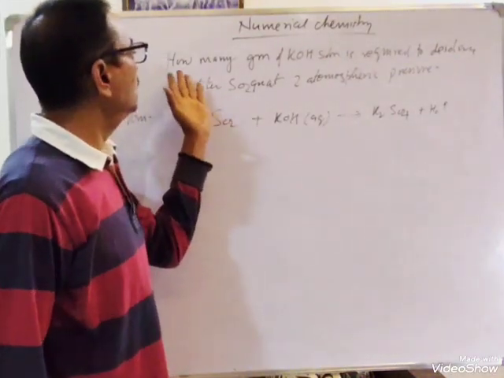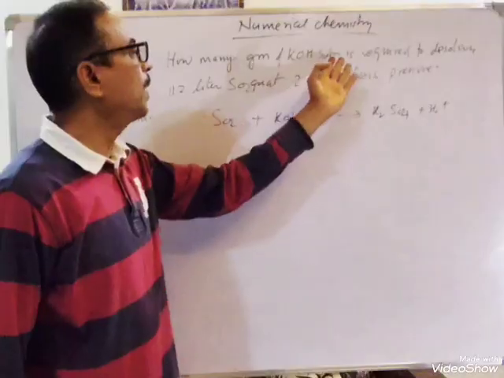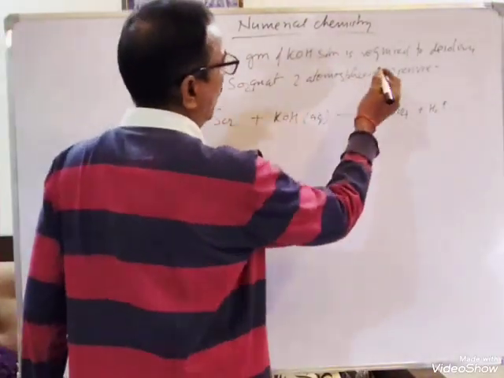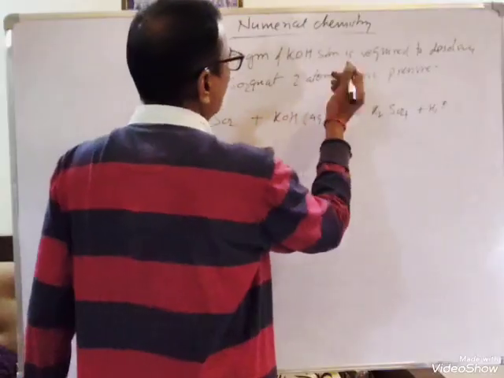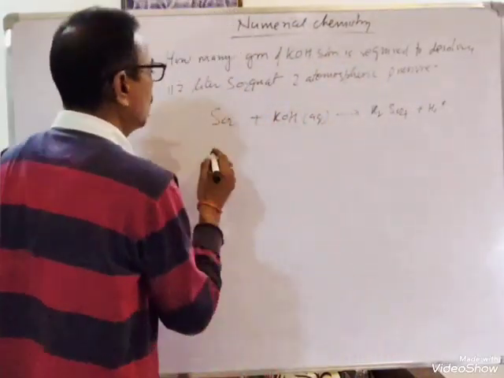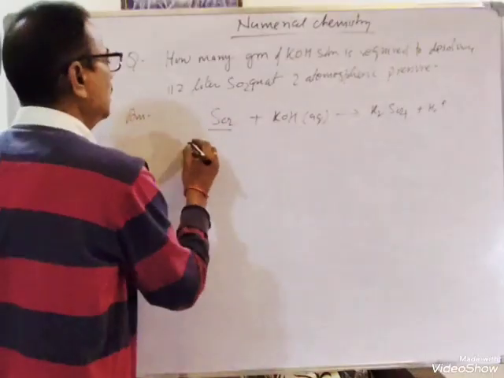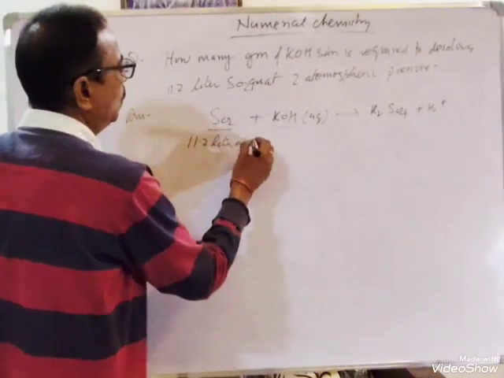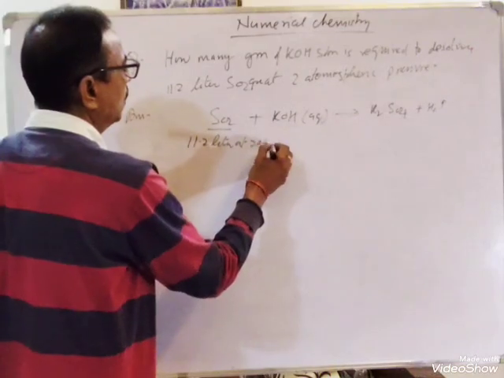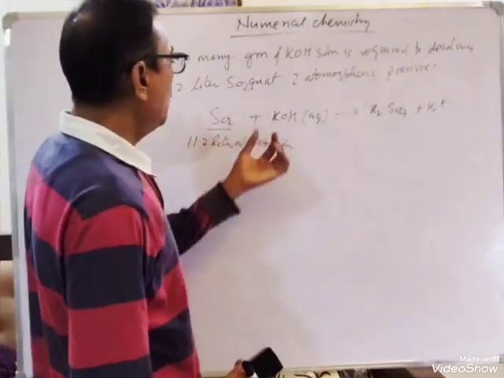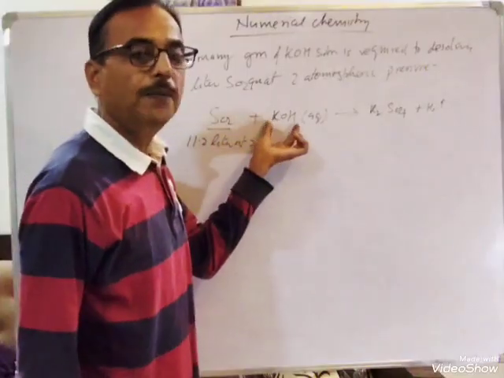The question is, how many grams of KOH solution are required? You have to calculate the weight of KOH, and sulfur dioxide is given as 11.2 liter at 2 atmosphere.